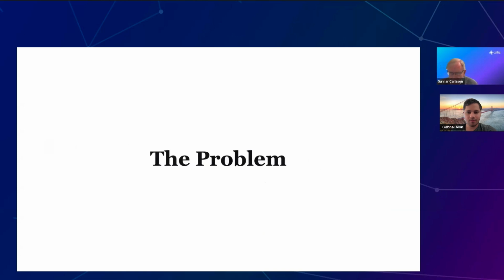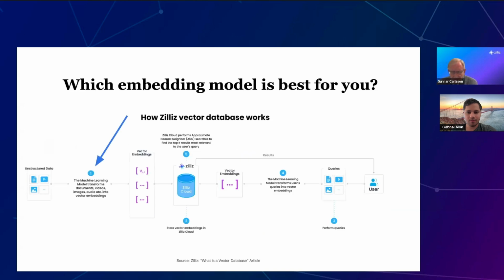So the problem. Obviously, a core choice for your vector database, and step one in this diagram, is choosing your embedding model. It's what transforms your use case, your data, into a more intelligent representation that the vector database is structured to handle.